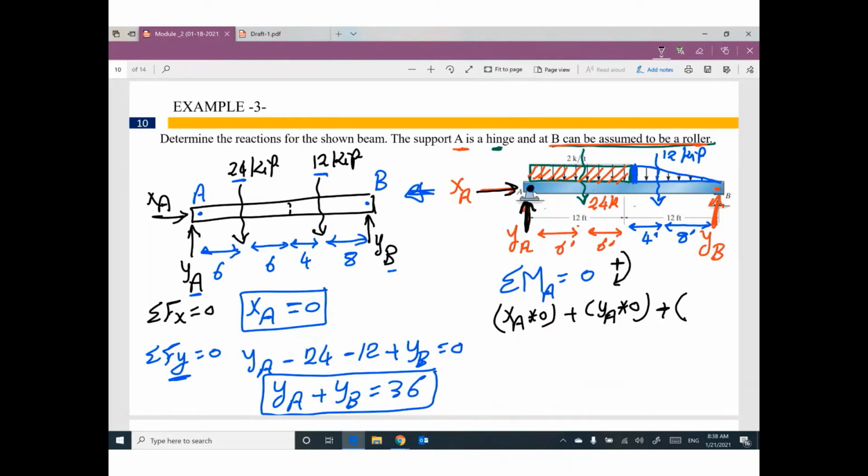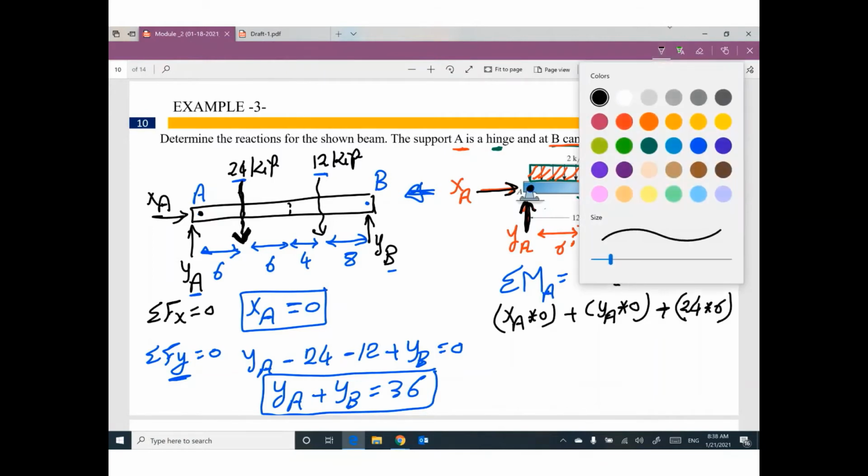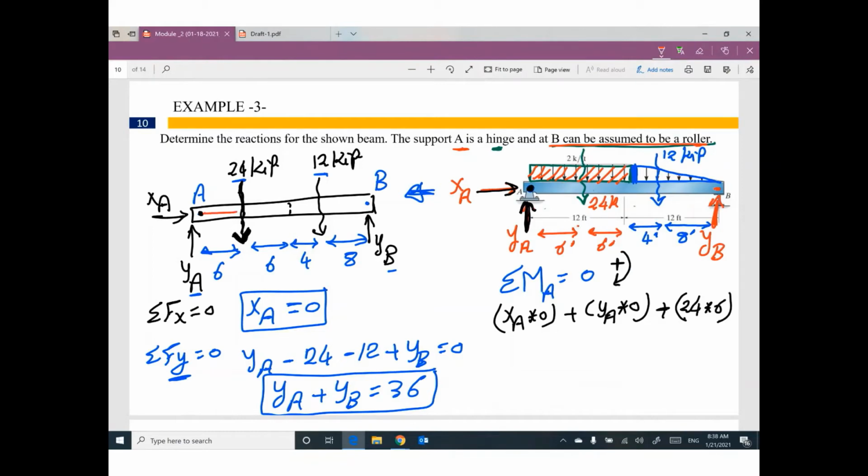Okay, so what is next? The next force will be 24 times what? 6. The distance between 24, which is the first equivalent force, and point A, how much? 6.